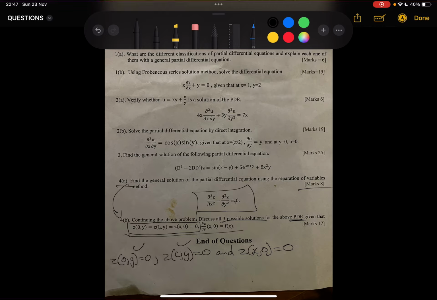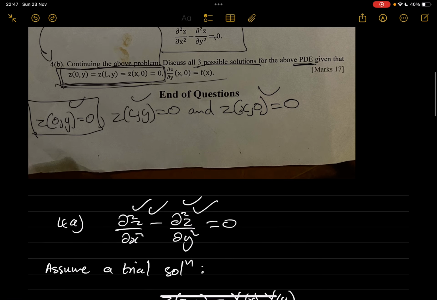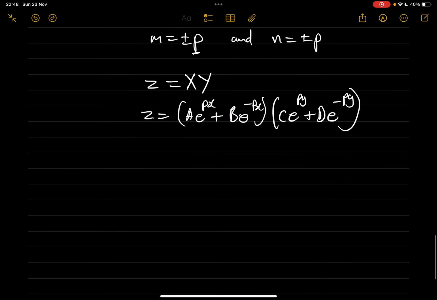These are 1, 2, 3, and they're all equal to 0. They just included it in one long equation. So we're going to evaluate the first one. Let's evaluate the first one.